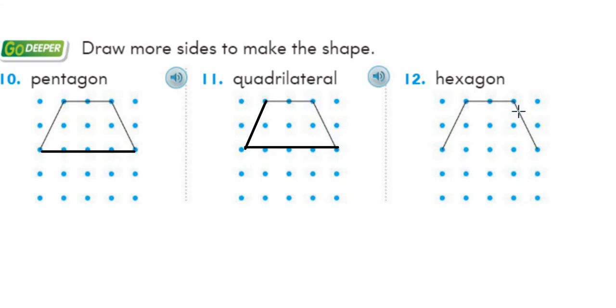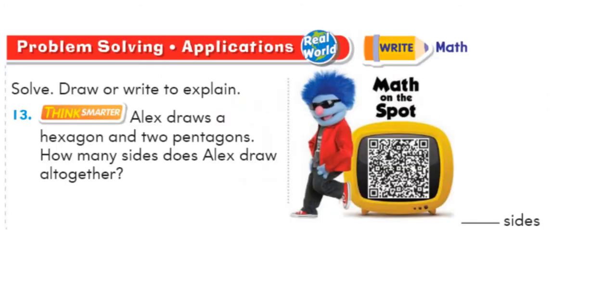And then a hexagon, this has 1, 2, 3, and a hexagon has to have 6. So I'm going to do 1 there, and a line there, and a line there to make 6.